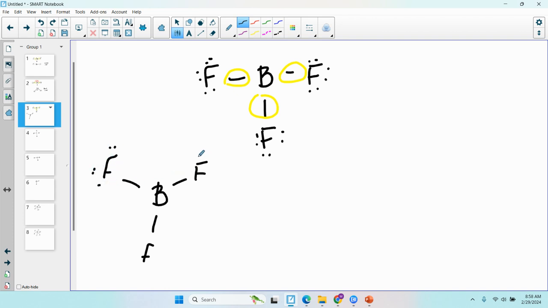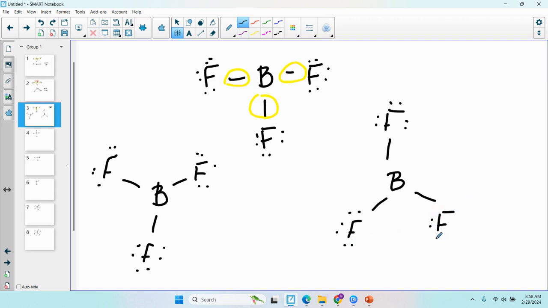So you can either draw it with 2 F's up and 1 F down, or whatever molecule you're drawing, 2 up, 1 down. Or you can also draw it with 2 down and 1 up. It does not matter. They're both the same thing. It's just showing that everything gets equal space. Everything is 120 degrees.